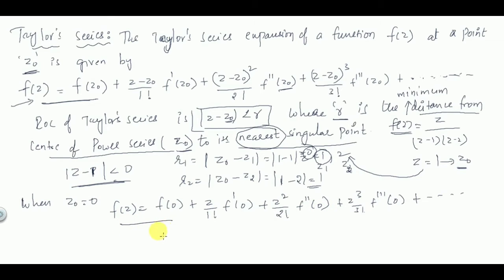So this series is called Maclaurin's series. When you substitute z0 is equal to 0 in the Taylor series, it becomes Maclaurin's series. So this is how we can expand a function f of z about the point z0 by using Taylor series. We'll see some problems, then you'll understand very clearly how to find the Taylor series for a given function f of z.